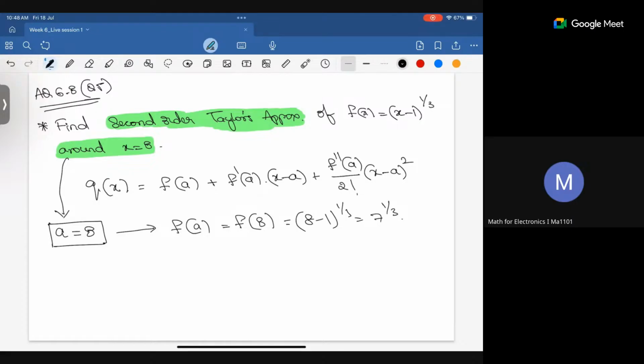For f prime of a and f double prime of a, we need f prime of x and f double prime of x. So f prime of x, we can see that this will be 1 by 3 into x minus 1 whole power minus 2 by 3. For f double prime of x, this will be 1 by 3 into minus 2 by 3 into x minus 1 power minus 5 by 3.